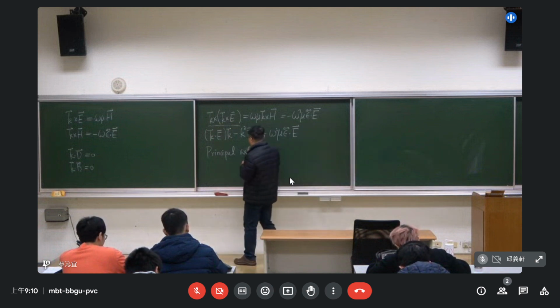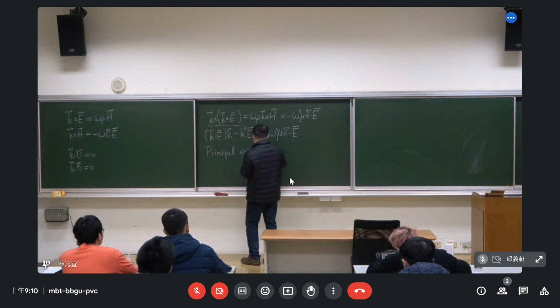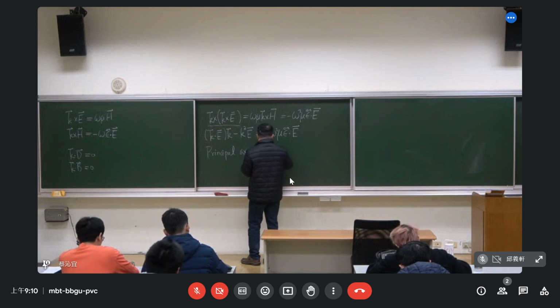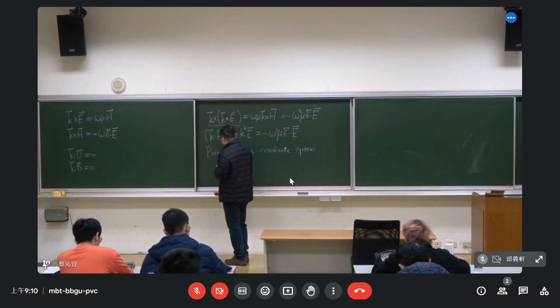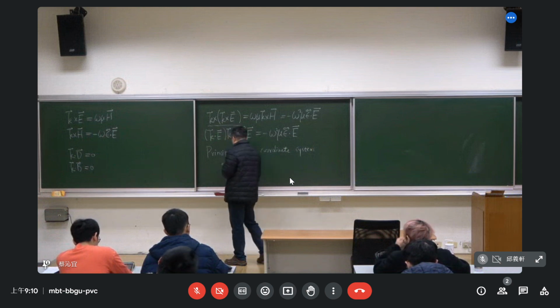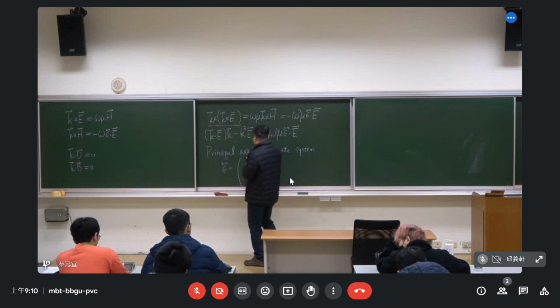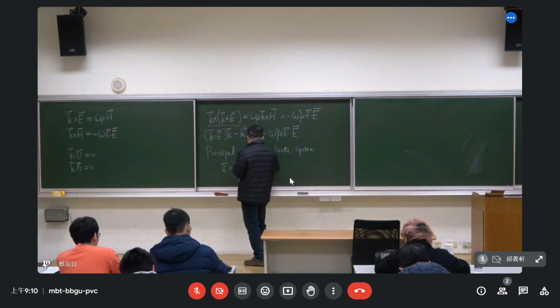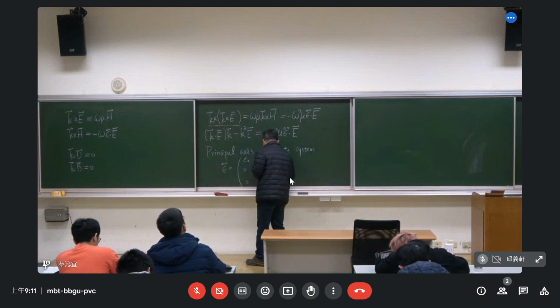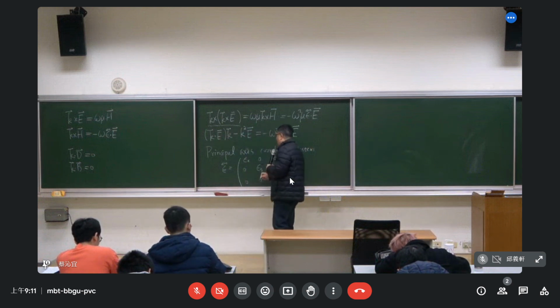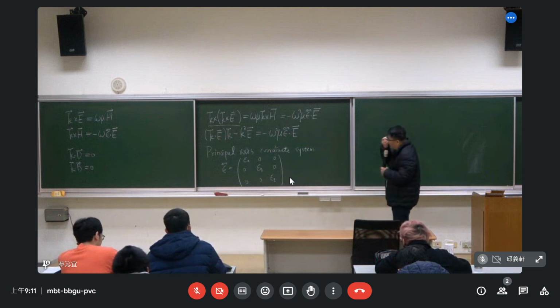So in this principal axis system, the epsilon has a simple diagonal form: epsilon x, 0, 0; 0, epsilon y, 0; 0, 0, epsilon z.